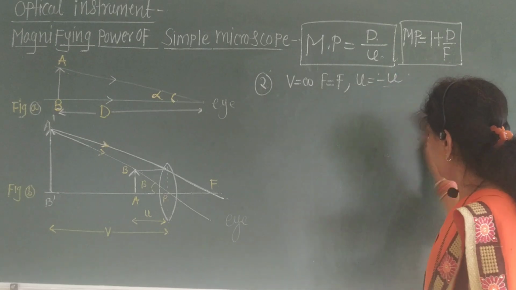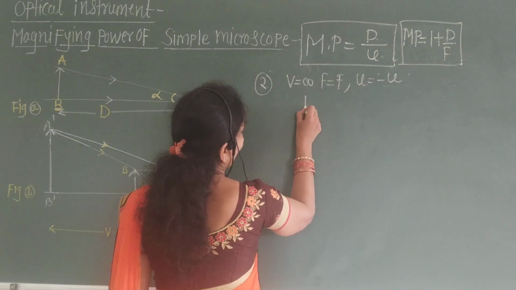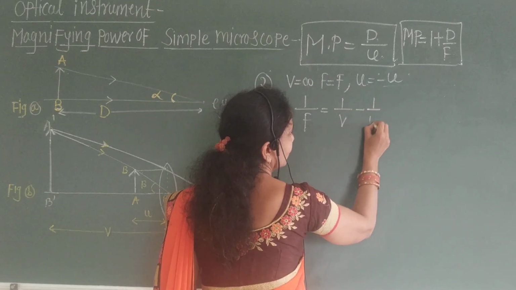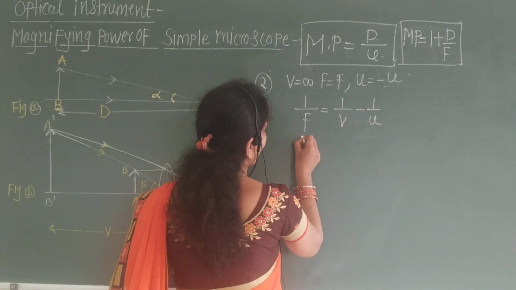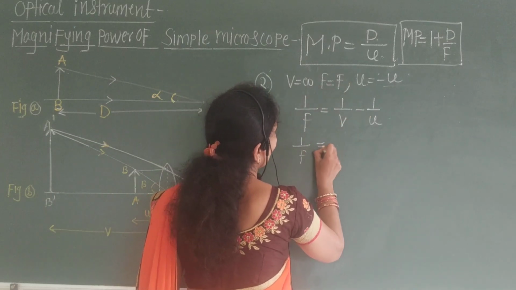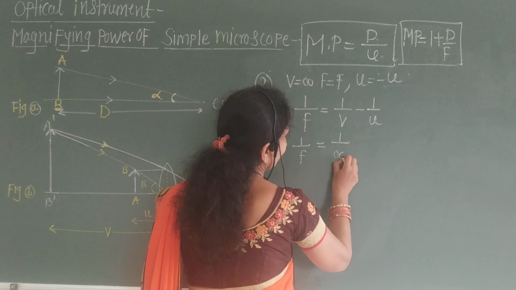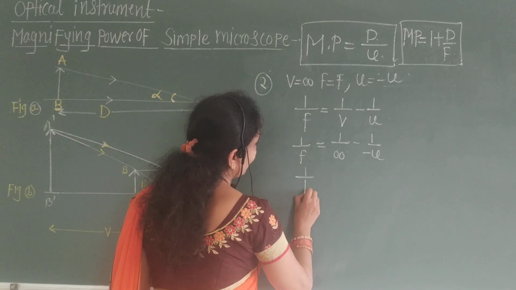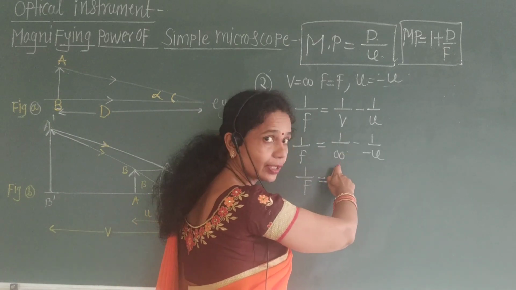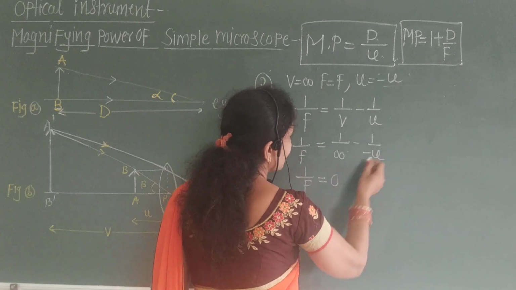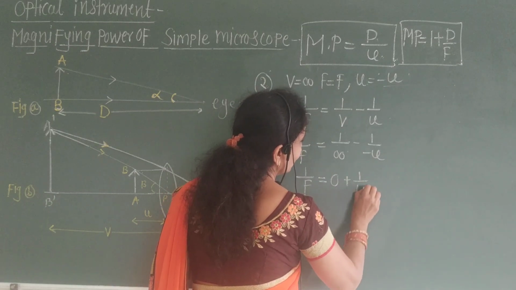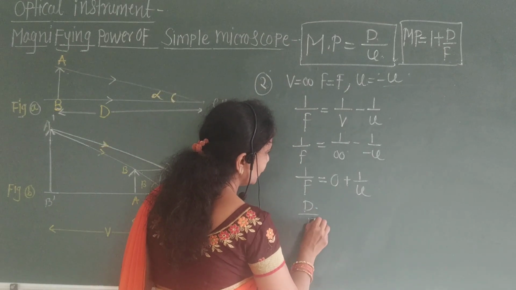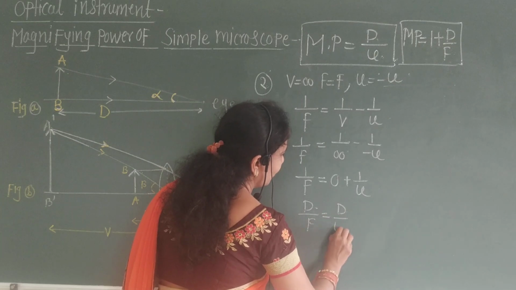Then our lens equation becomes 1 upon F is equal to 1 upon V minus 1 upon U. Then 1 upon F as it is, because F is F, is equal to 1 upon infinity, the value of V put, minus 1 upon minus U. Therefore, 1 upon F is equal to, this becomes 1 upon infinity is 0, this minus minus plus, therefore 1 upon U. Multiply this equation by the capital D, therefore D upon F is equal to D upon U.